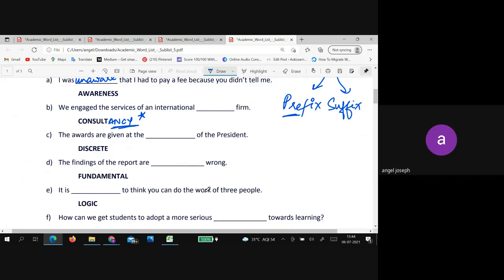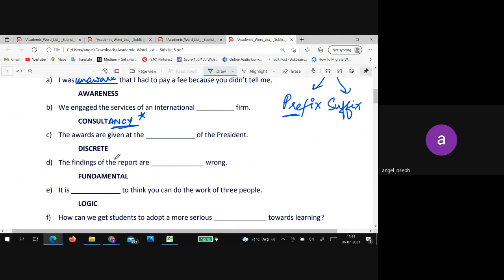Look at the next one. The awards are given at the discrete. A different form of this needs to be used. If you ask me, does everyone know the meaning of discrete?